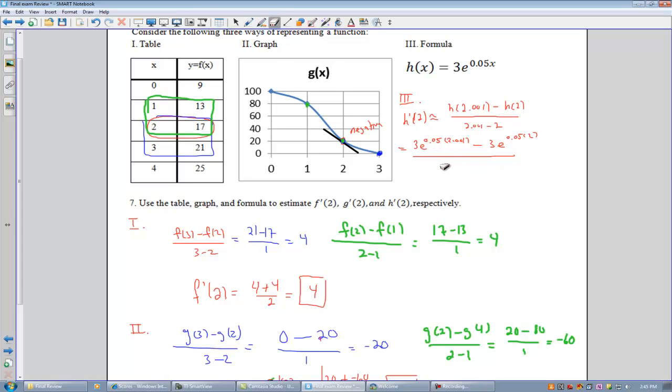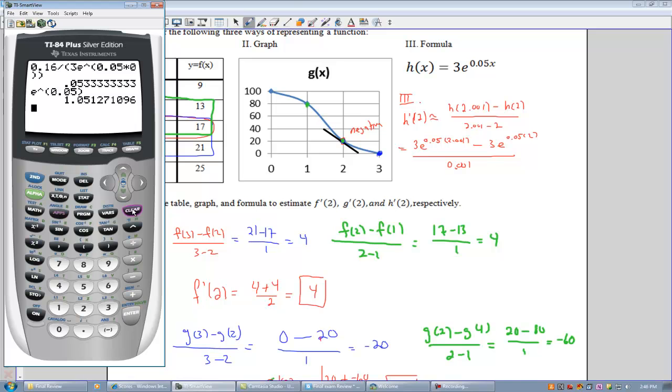So what would that be equal to? Just divided by 0.001. And I'll use my calculator to crunch this number: a left parenthesis, 3, second ln to pull up the e to the button, 0.05 times 2.001, in parenthesis, minus 3, second ln to pull up the e to the button, 0.05 times 2, in parenthesis, divided by 0.001, and hit enter, and out pops my answer.